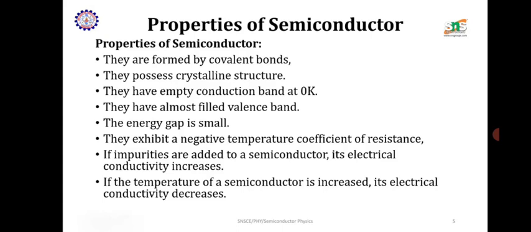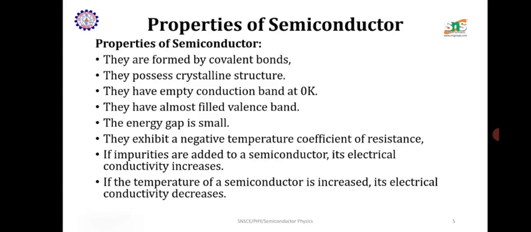The conduction band is responsible for conductivity, as electrons are induced there for conduction. Here it is empty, but in conductors it is filled. They have an almost filled valence band, the energy gap between the valence band and conduction band is very small, and they exhibit a negative temperature coefficient of resistance.